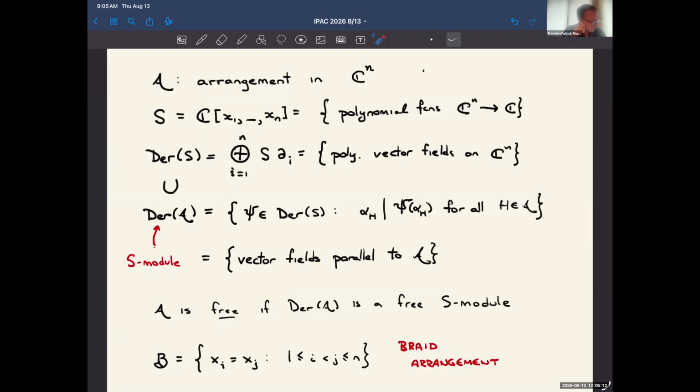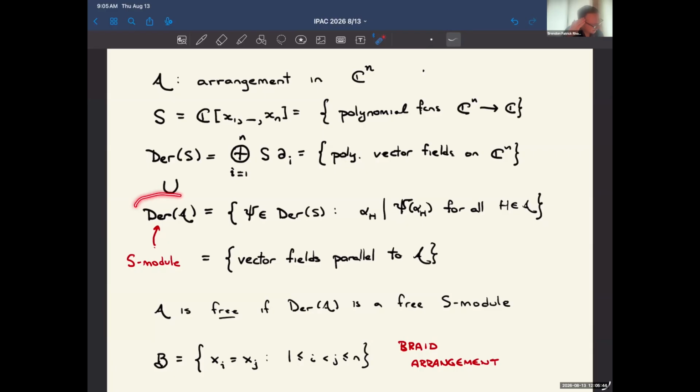And S is our polynomial ring, of course, but we're going to think of it sometimes geometrically as polynomial functions from C^n to C. And we've got derivations of S, which can be thought of in an algebraic way as a free S-module of rank n generated by partial 1, partial 2 up through partial n. But often I like to think about this as polynomial vector fields in C^n. So partial 1, partial 2, partial 3 are like i hat, j hat, k hat, and so on.